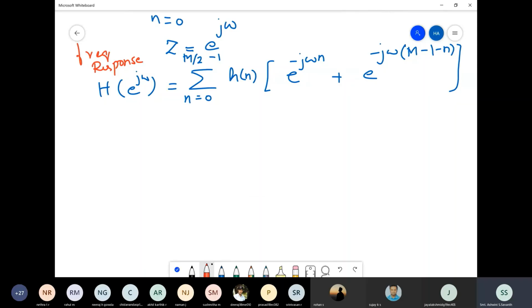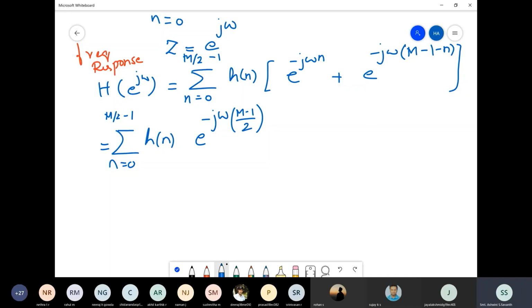So we have to simplify that a little bit. What we'll do here is keep the summation as it is, h of n also as it is. In this exponential term, let us take e power minus j omega into (M minus 1) by 2 as a common factor.